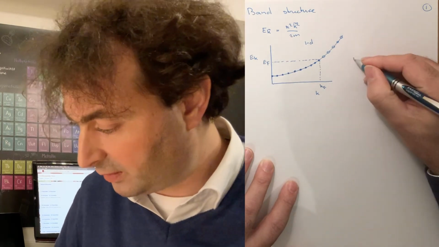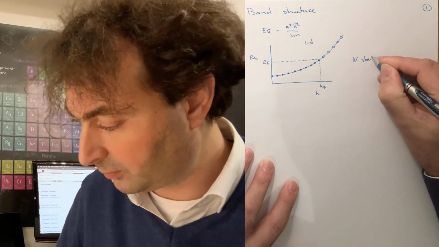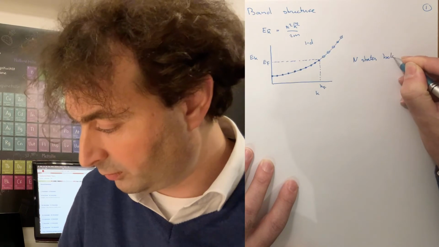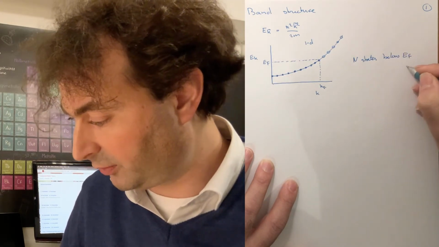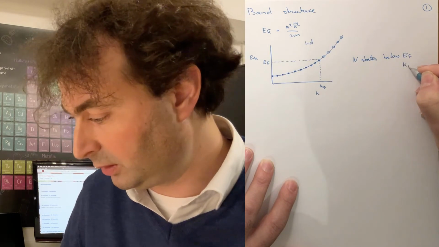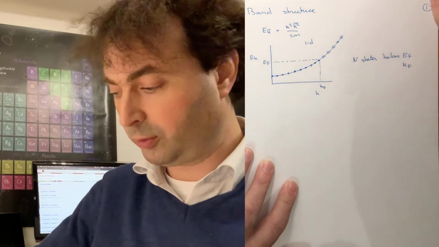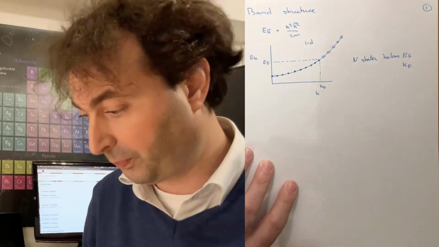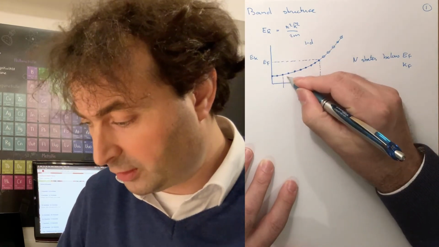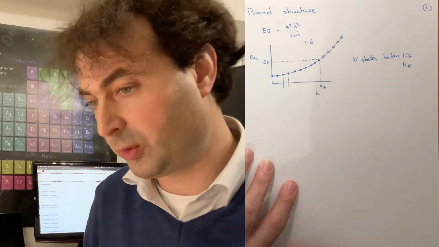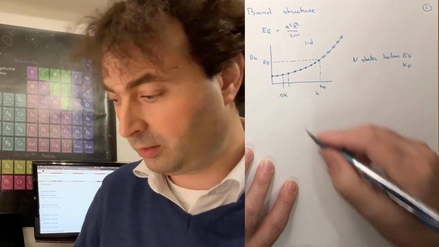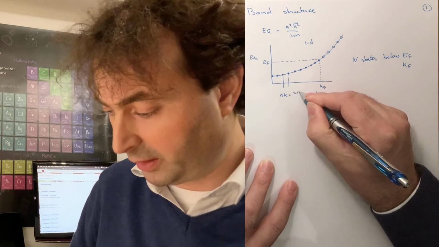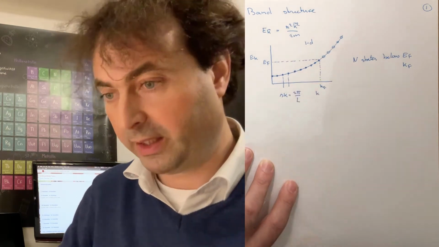We have n states below EF or below kF, and of course infinitely many above. The spacing between 2 states is equidistant in momentum and given by 2 pi divided by L.